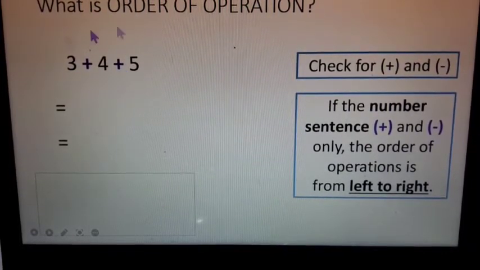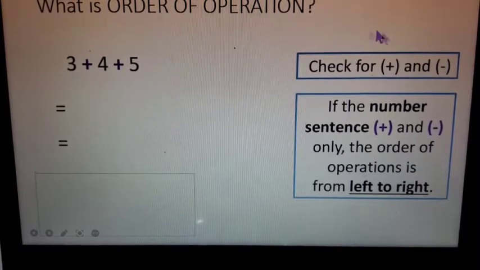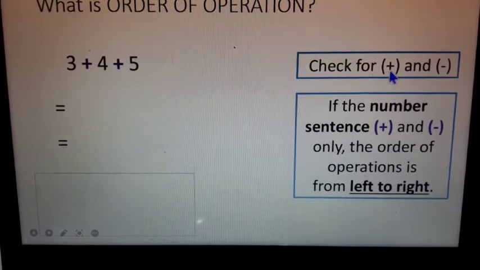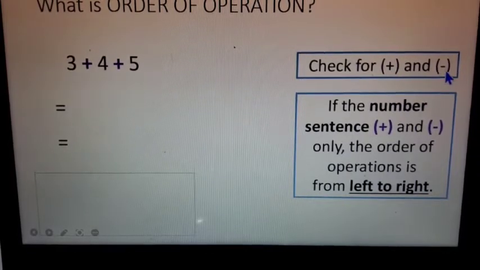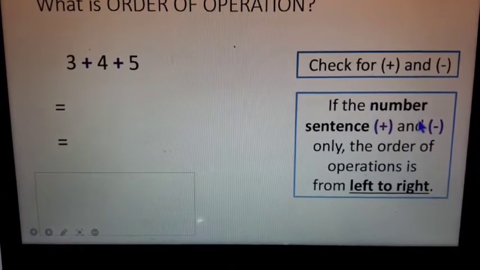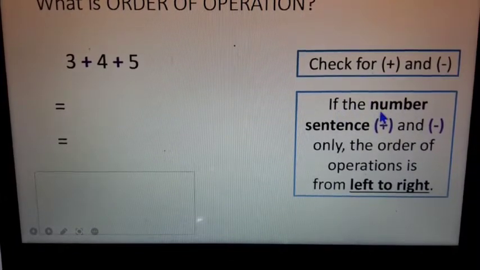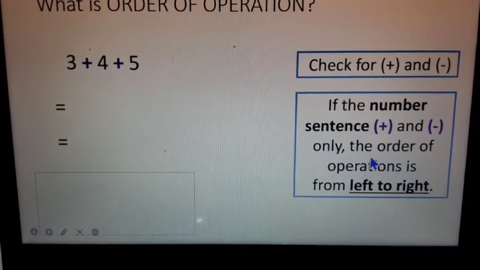As teacher said just now, the step you should check is if dalam number sentence ada plus atau minus atau kedua-duanya ada, what do you do next? You can solve the number sentence. Kita boleh selesaikan number sentence ini dari kiri ke kanan.